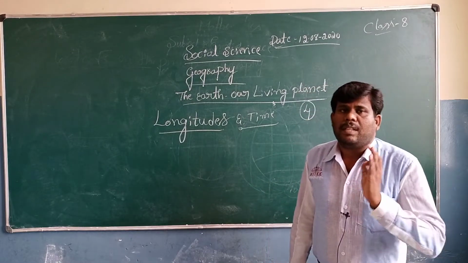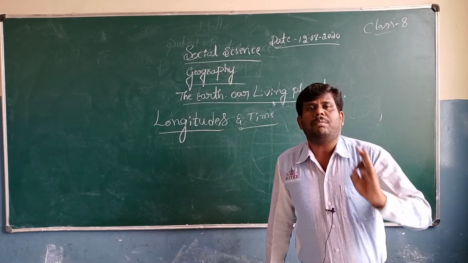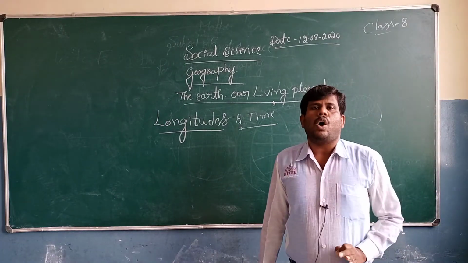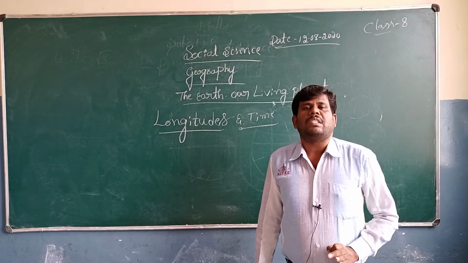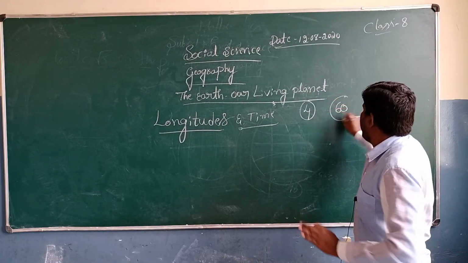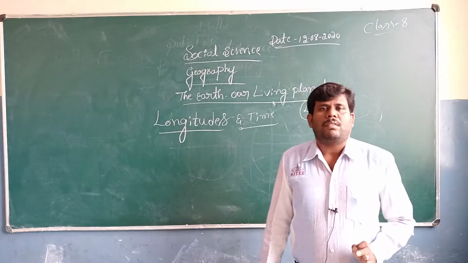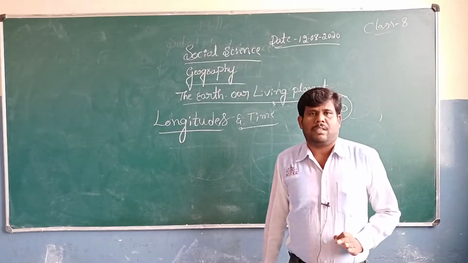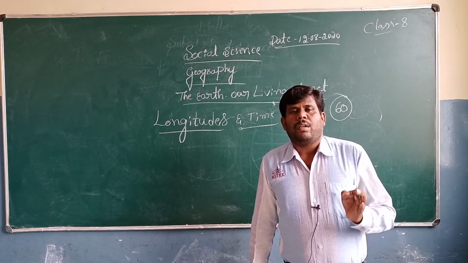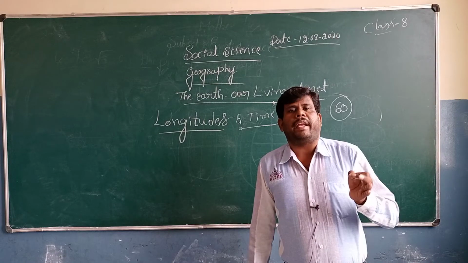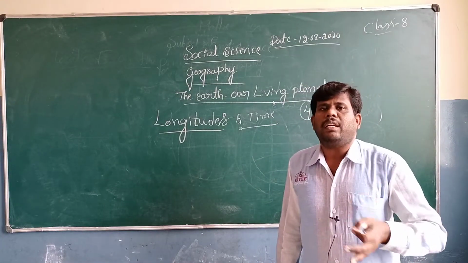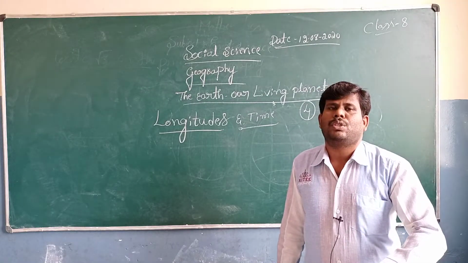Like this, the Sun takes 60 minutes to cross 15 longitudes. In this way, how many hours does the Sun take to complete 360 longitudes?